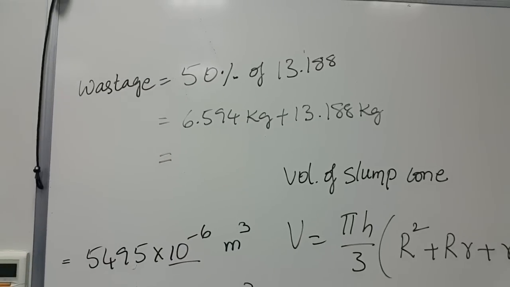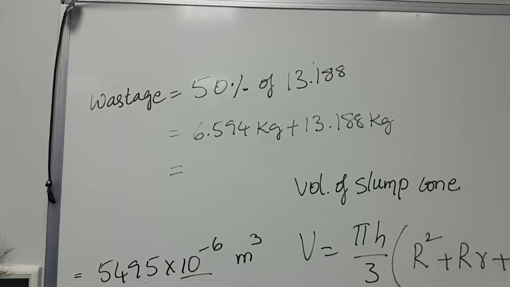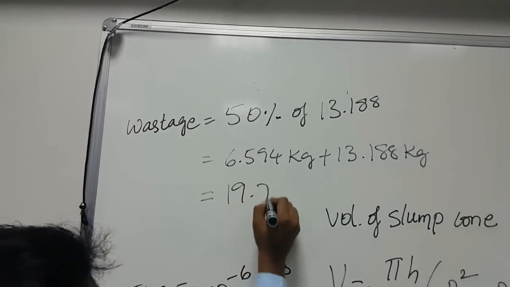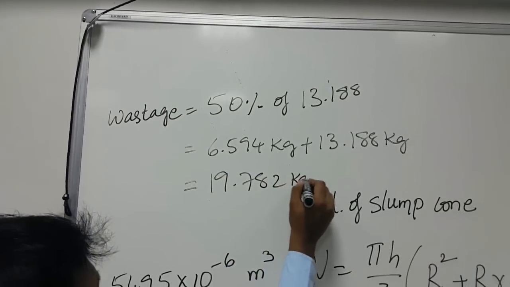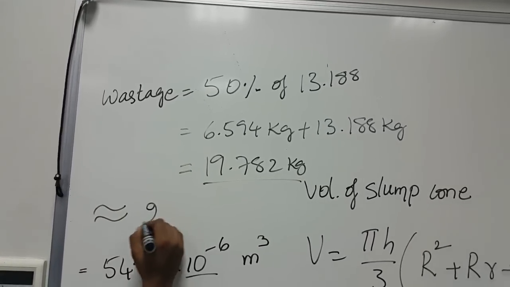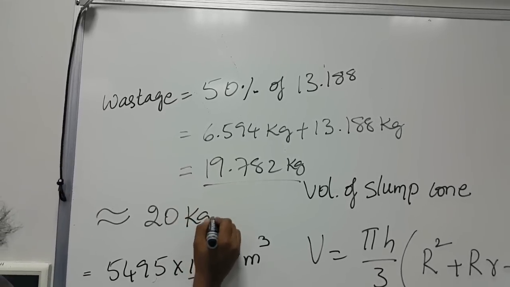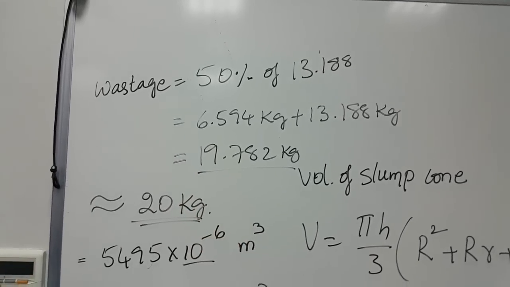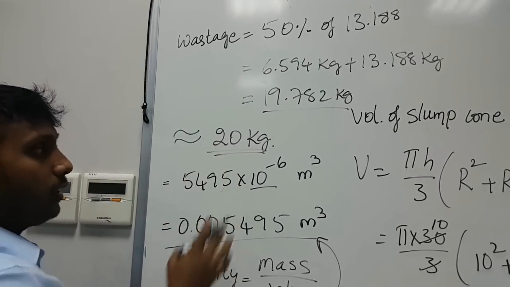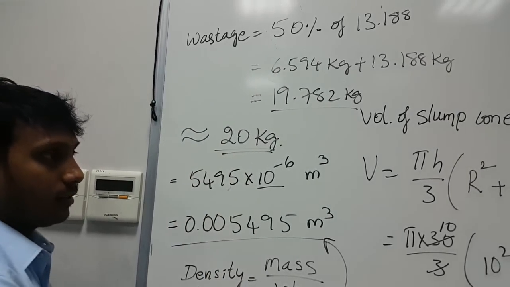This implies 19.782 kg. So round this and take 20 kg of concrete to conduct this experiment. As per the first step, take 20 kg of concrete to conduct this experiment.